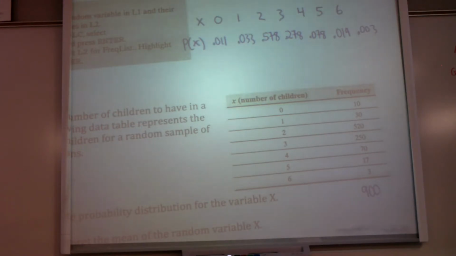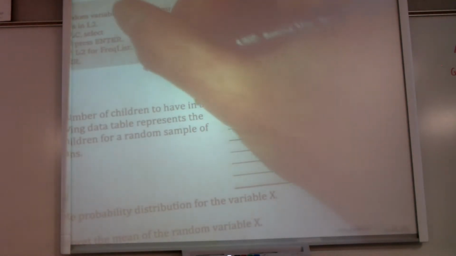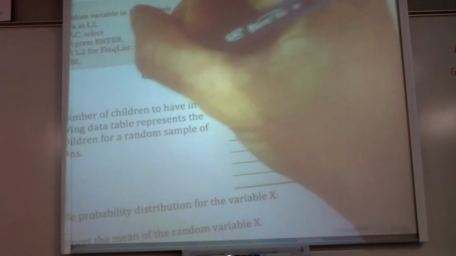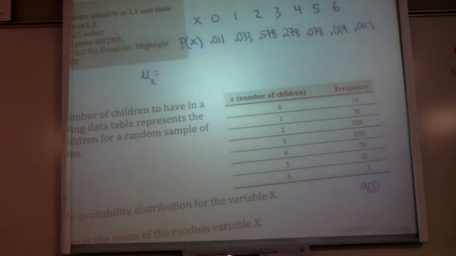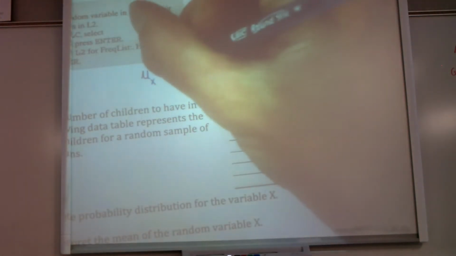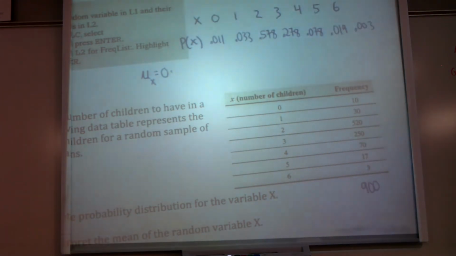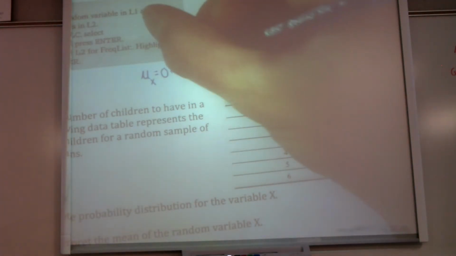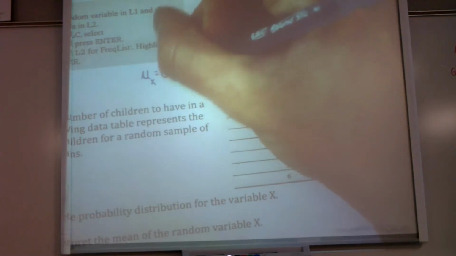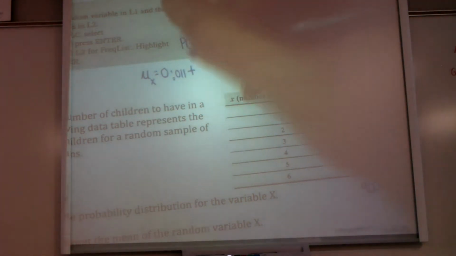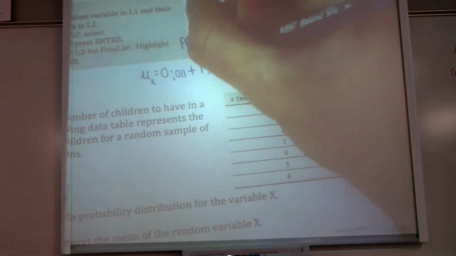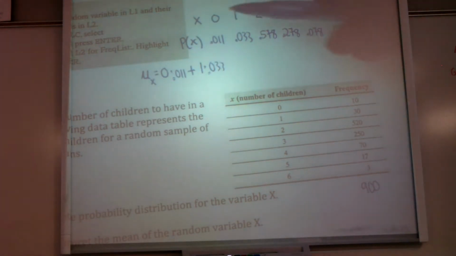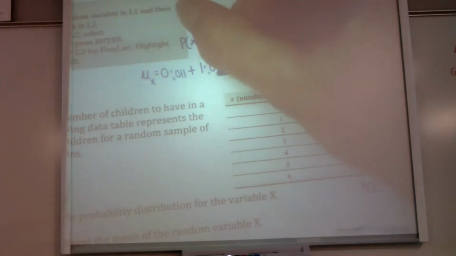So if I were finding that, I'm going to just stay here to do the work. The mean of a random variable x. I'm going to take the value 0, and multiply it by the probability of people choosing that, which is 0.011. And then I'm going to add that with 1 times 0.033. So we're just multiplying straight down like that, and then adding those all together.